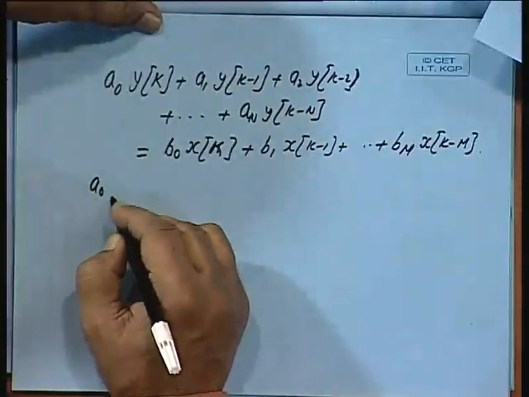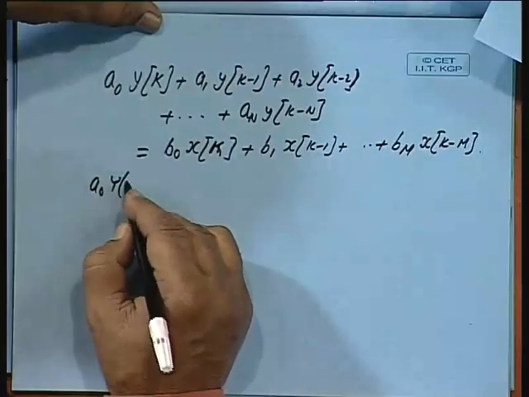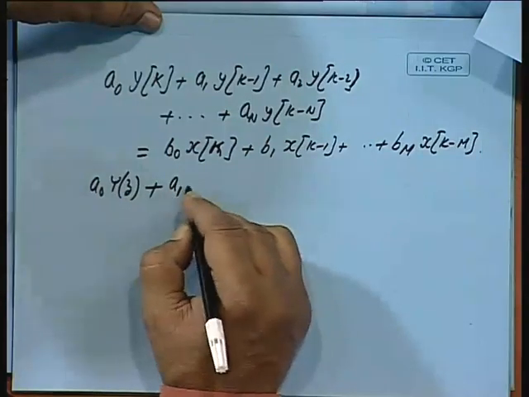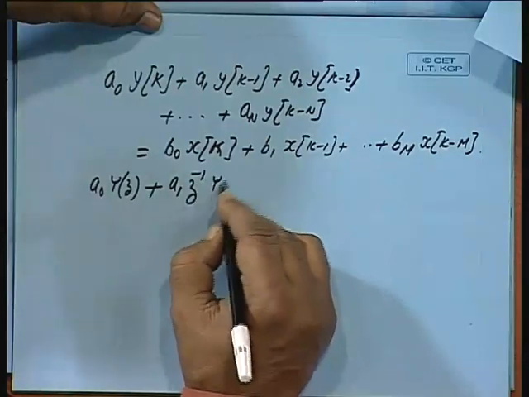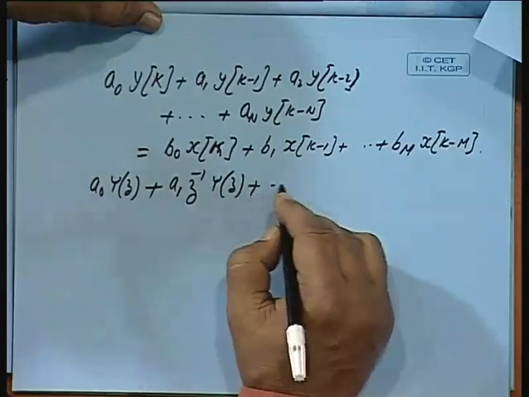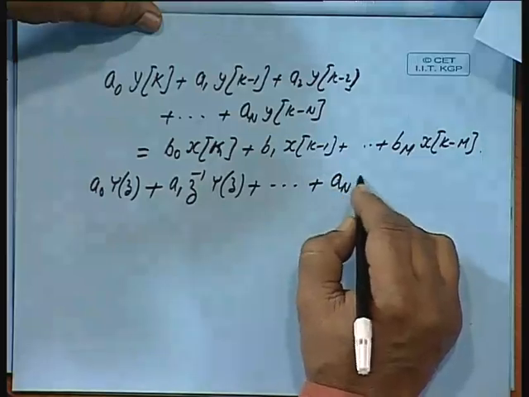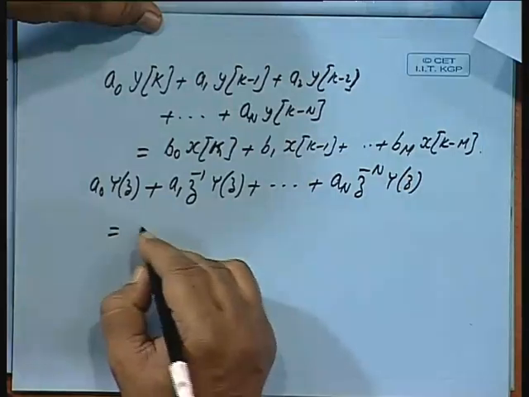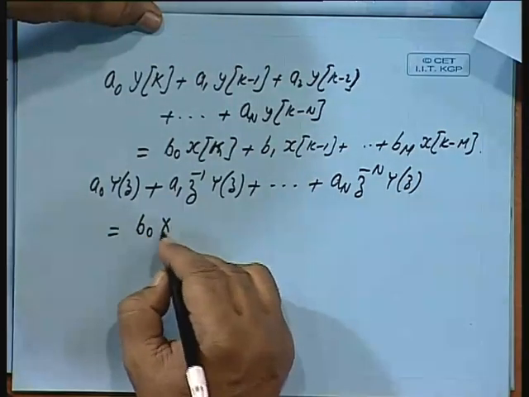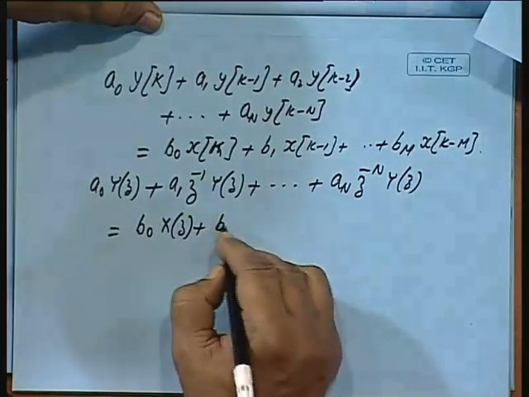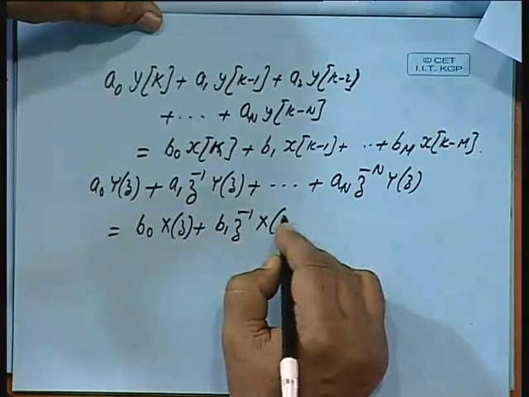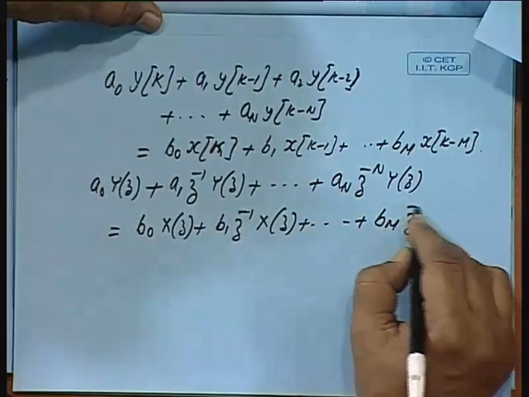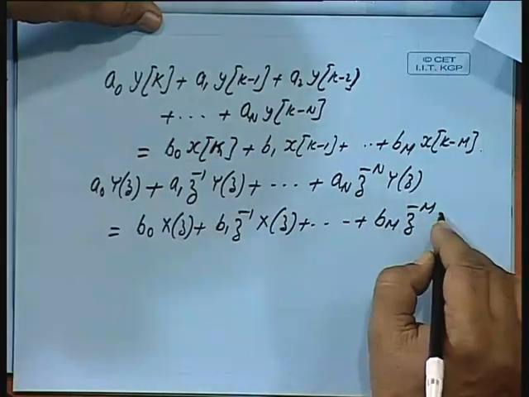You get A0 yz, if you assume 0 initial conditions to start with, A1 z inverse yz, and so on up to An z to the power minus n yz, equals B0 xz plus B1 z inverse xz and so on up to Bm z to the power minus m xz.